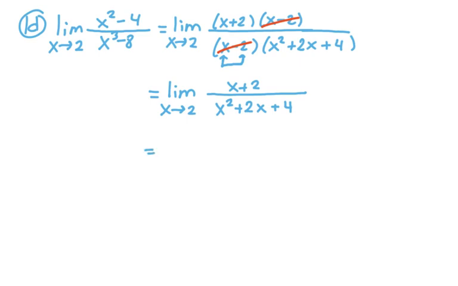And we're in the home stretch. Because from here, I can replace x with 2 and get 2 plus 2 divided by 2 squared plus 2 times 2 plus 4, which is 4/12, which is equal to 1/3.